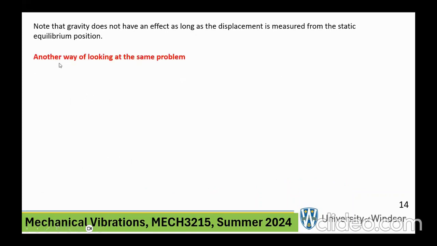So another way of looking at this is to say, let's measure things from the equilibrium position. Stretching is x from the equilibrium position. We don't care what happened before that. So the energy stored in the spring is one half k x squared, and it's moving at velocity x dot, so the kinetic energy is one half mass times velocity squared.